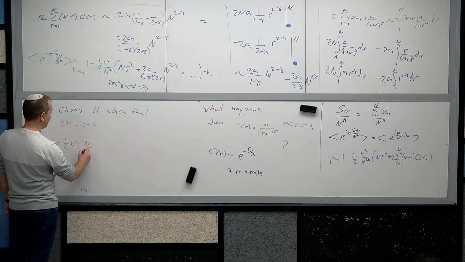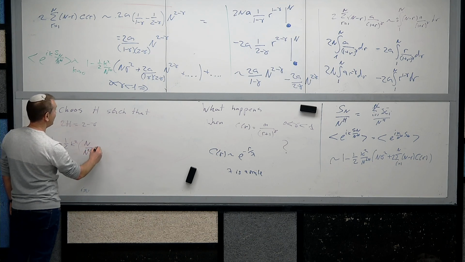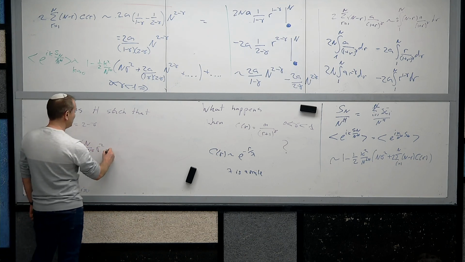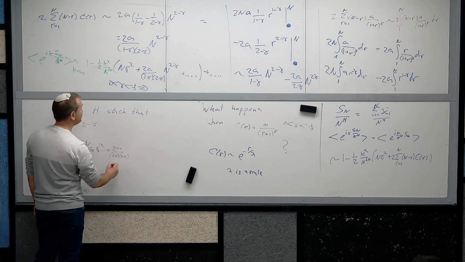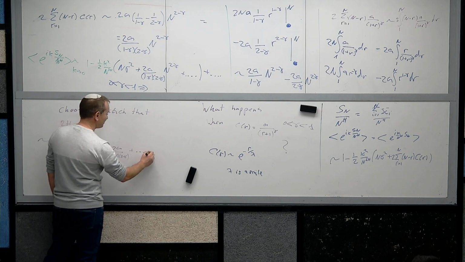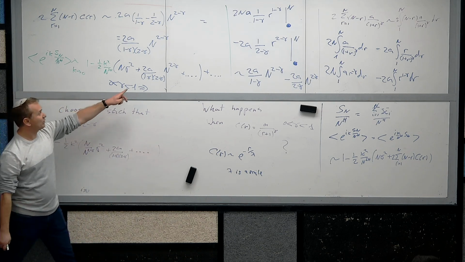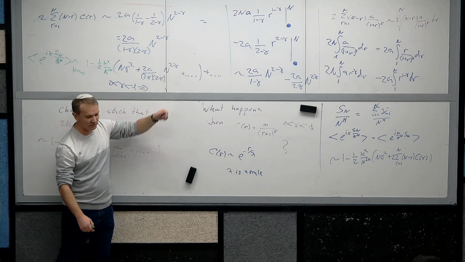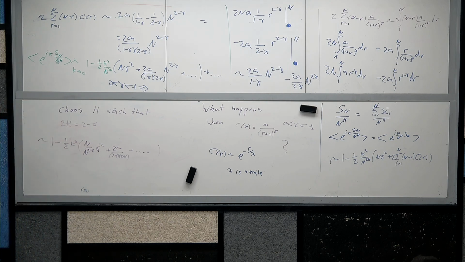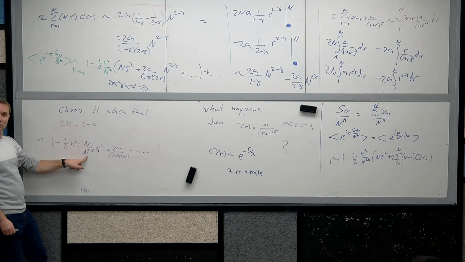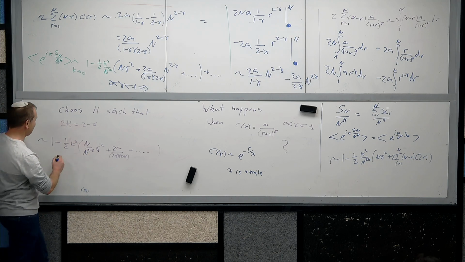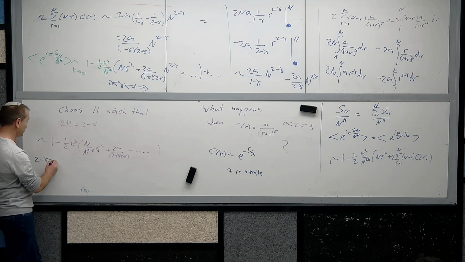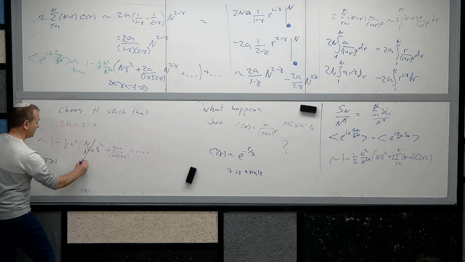I have n divided by n to the power 2 minus gamma, times sigma squared plus 2a divided by (1 minus gamma)(2 minus gamma), plus something with a power smaller than 2 minus gamma, so it's negligible. This term goes to 0, because when I divide n by n to the power 2 minus gamma, which is larger than 1, it goes to 0.